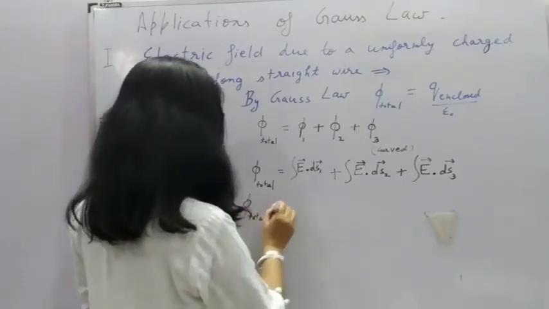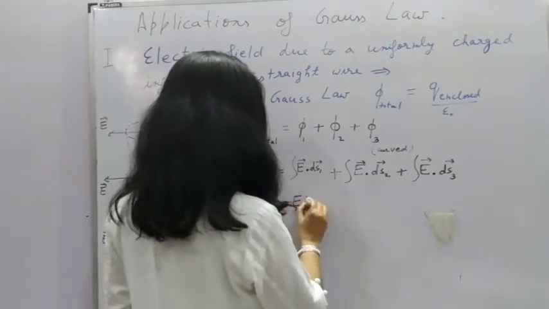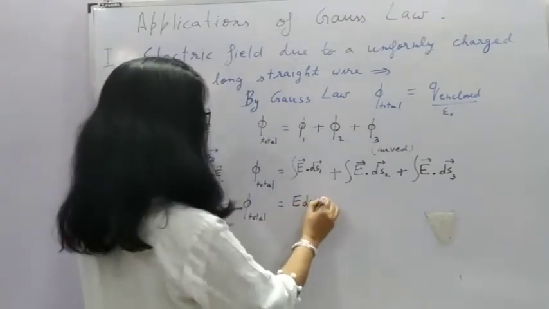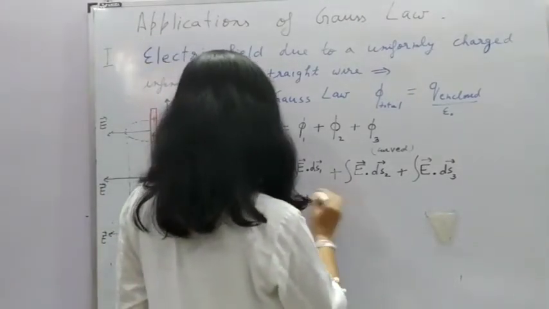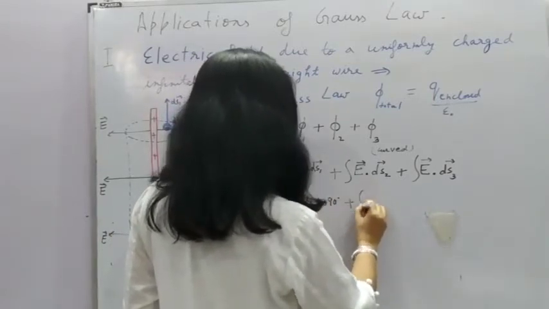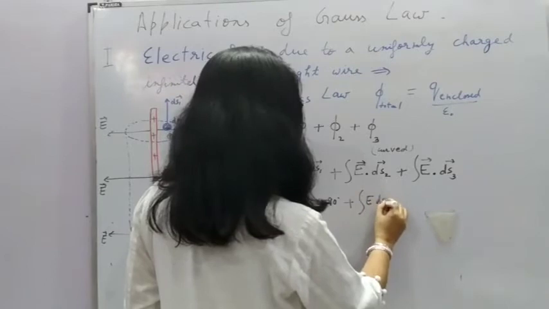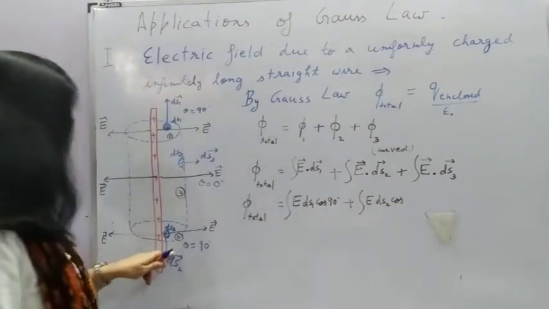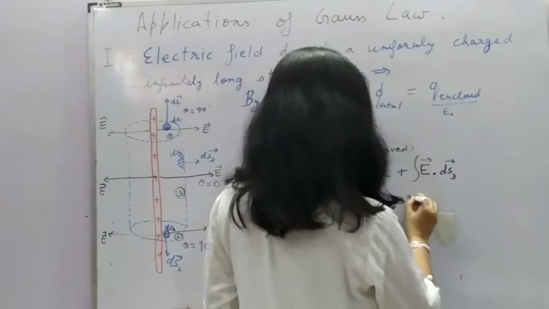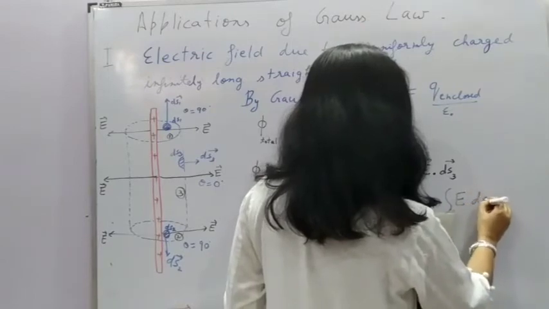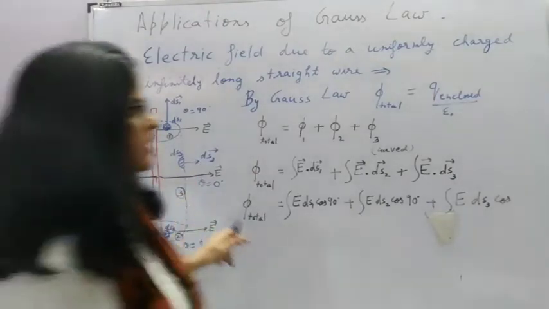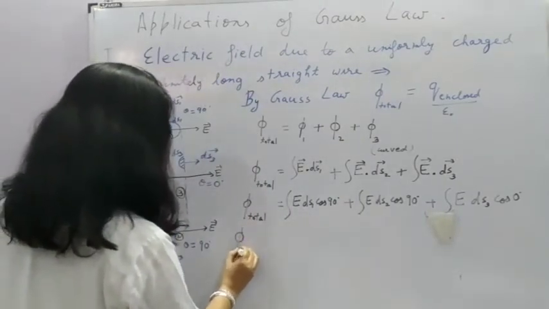This is the integral of E ds1 cos 90 degrees, plus the integral of E ds2 cos 90 degrees, plus the integral of E ds3 cos 0 degrees, since the angle between ds3 and the E vector is 0.